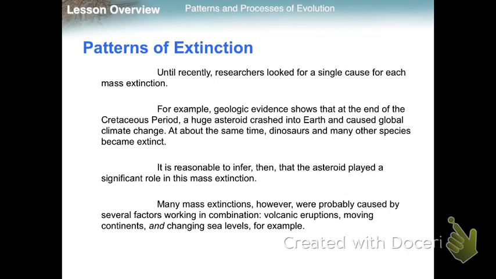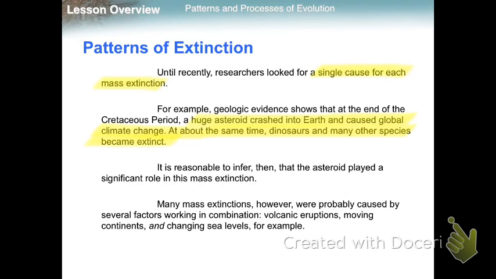Until recently, researchers were looking for a single cause for each mass extinction. The classic example of this is the asteroid that has supposedly crashed into Earth at the end of the Cretaceous, blocked out the sun, and blocked out photosynthesis availability for the plants.